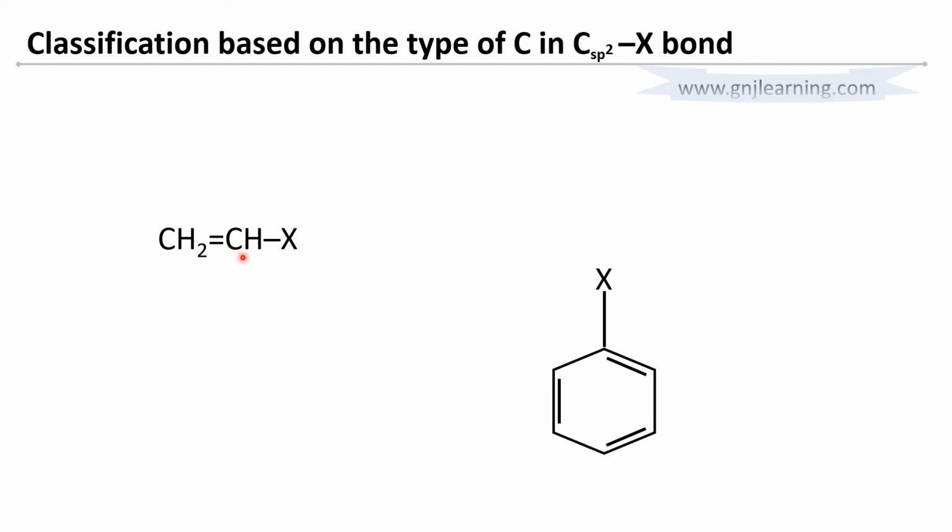In that case, X is attached to a carbon which is sp2 hybridized. This carbon we call a vinylic carbon. Whereas here X is attached to a carbon which is also sp2 hybridized, but it is part of a benzene ring or aryl ring. So we call this an aryl carbon.